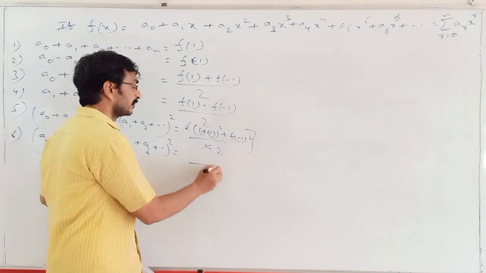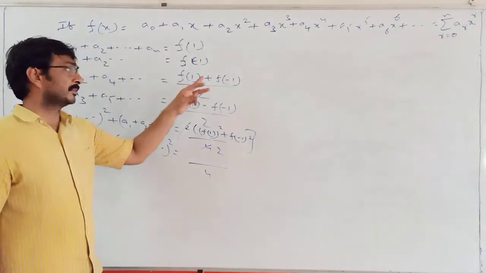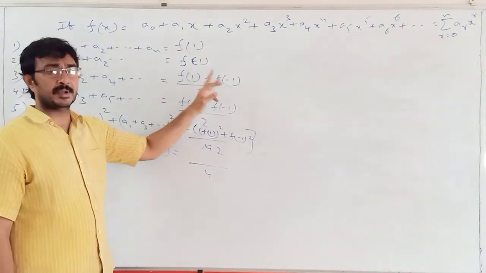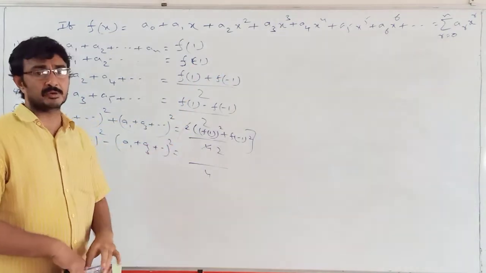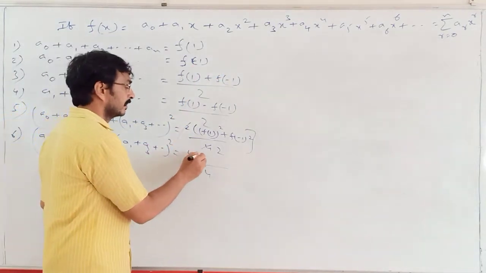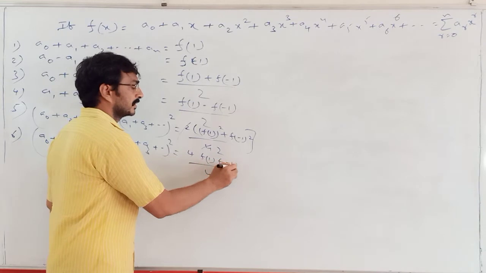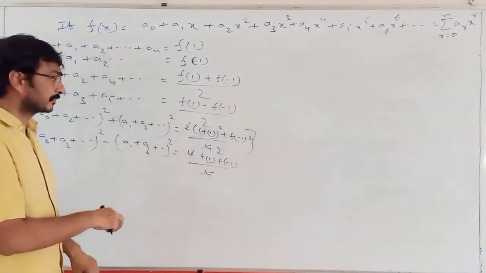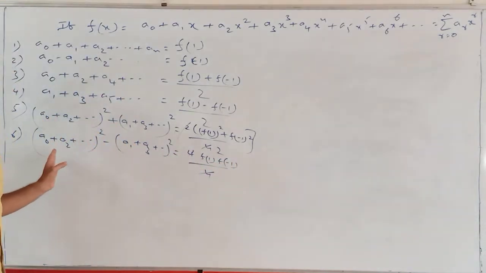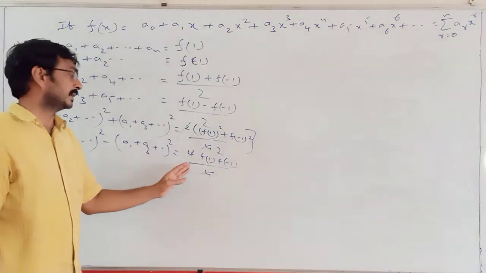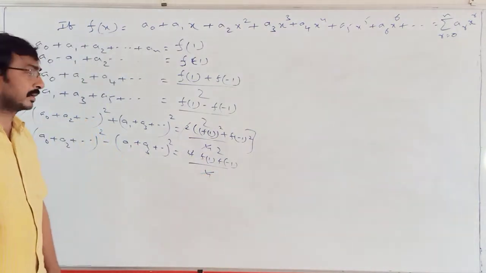Clearly the LCM is 4, and the difference of the squares of these two is in the form (a plus b) whole square minus (a minus b) whole square. The formula is 4ab, which means 4 into f of 1 into f of minus 1, and the 4 cancels. Therefore the formula for the difference of the squares of the third one and fourth one is f of 1 into f of minus 1. Okay.